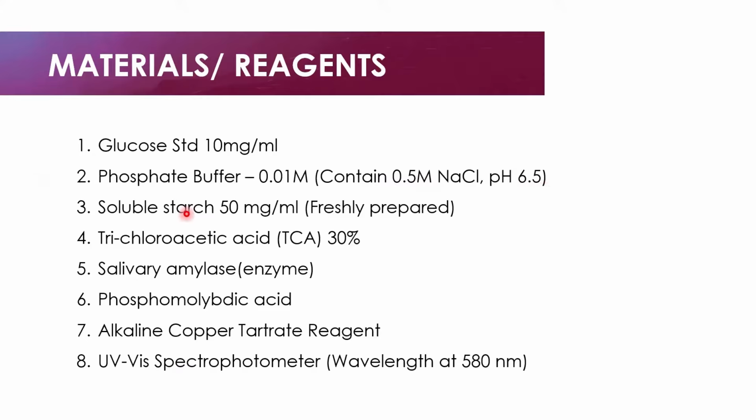We also have our starch of concentration 50 milligrams per ml, trichloroacetic acid, which is 30%, and salivary amylase as our enzyme. We have phosphomolybdic acid, alkaline copper tartrate reagent, and we also have our UV-visible spectrophotometer at wavelength 580 nanometers.